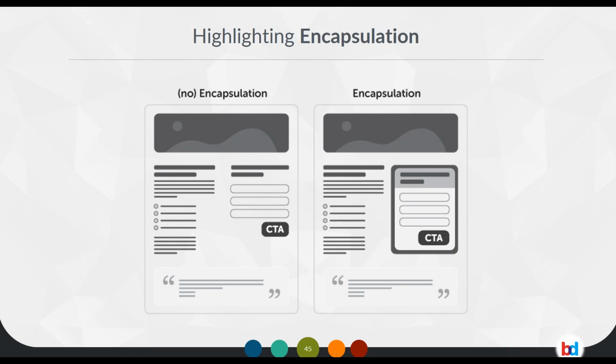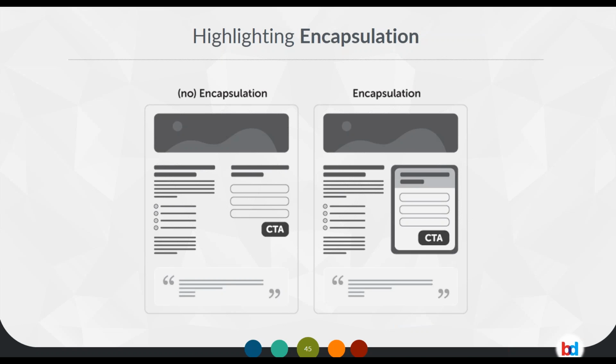The most common thing that I see is there's no encapsulation. What is encapsulation? Well, on this side we have no encapsulation, and on this side we have encapsulation. Things are put in boxes. Encapsulation is useful because it structures how our eyes move around on the page, and it highlights what's important and what's not.